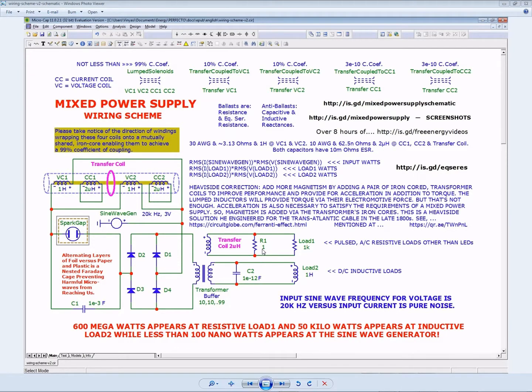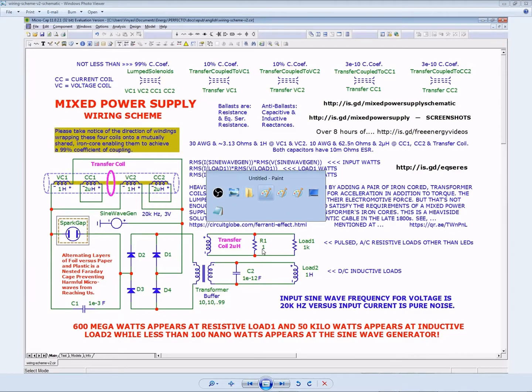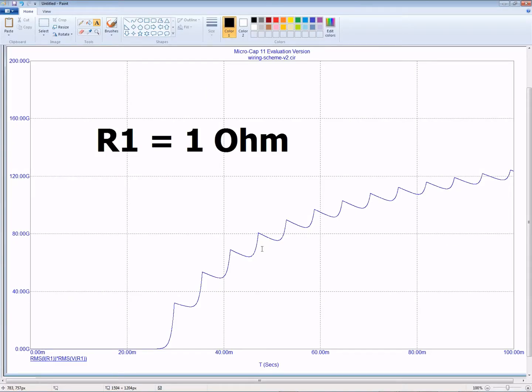Let me show you what happens. Here at 1 ohm, we get a wattage of about 120 gigawatts in a 100 millisecond duration of analysis. And notice how many of these peaks we have here. This is RMS, but these are the peaks indicating when the staccato wedges occur, when the spark gap fires at each one of these peaks.